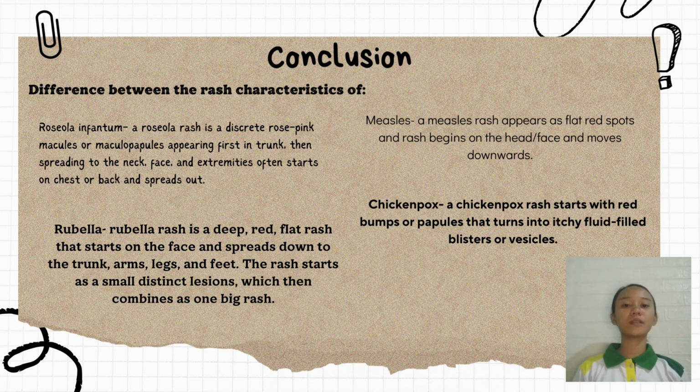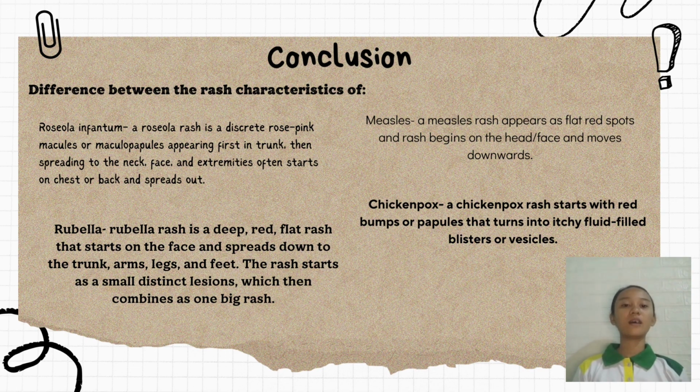First, the rash characteristics of roseola infantum: discrete rose pink macules or maculopapules appearing first on the trunk, then spreading to the neck, face, and extremities. It often starts on the chest and back and spreads throughout the body.